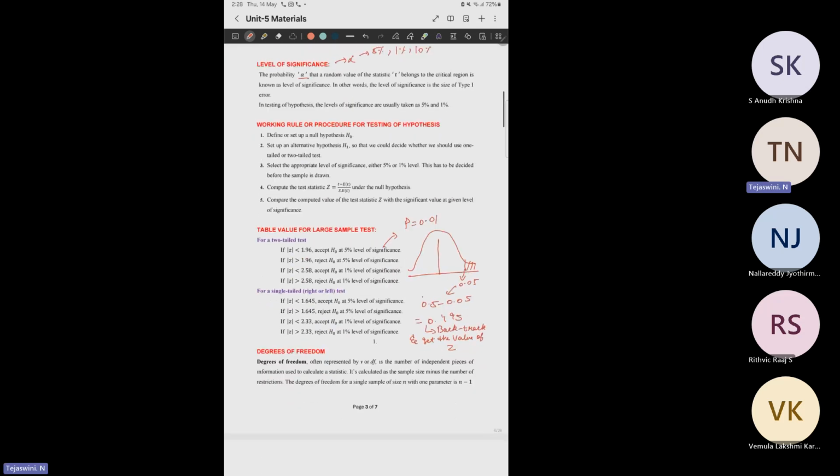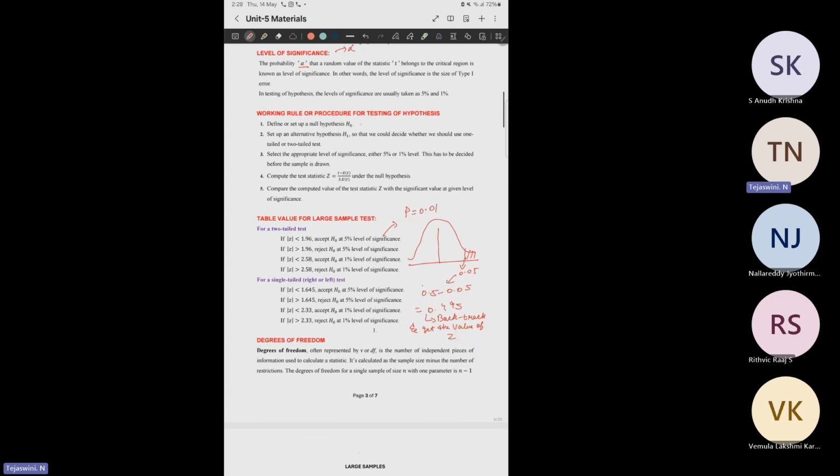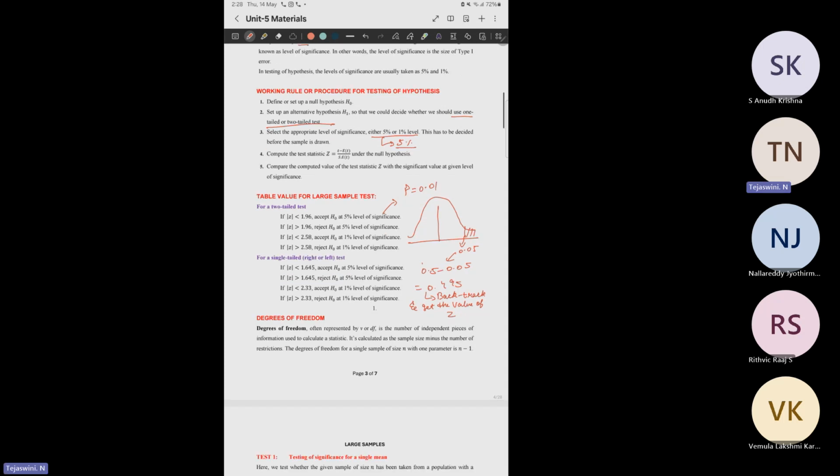How do we generally test the hypothesis? First, we set the null hypothesis and then we set the alternative hypothesis. Using this alternative hypothesis, we decide if it should be one-tailed or two-tailed, and then we select the level of significance which will be given to us in the question. If not given, we usually take the default level of significance to be 5%. And then we have to compute the test statistic.